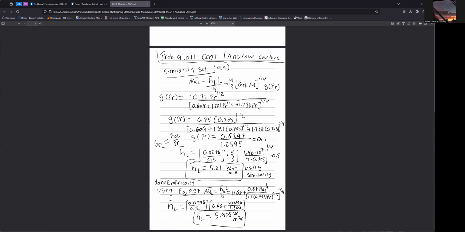Then you multiply that by k over L. Plugging in the values, you end up with h_L of 5.908 watts per meter squared Kelvin.